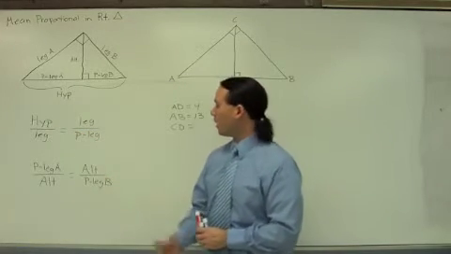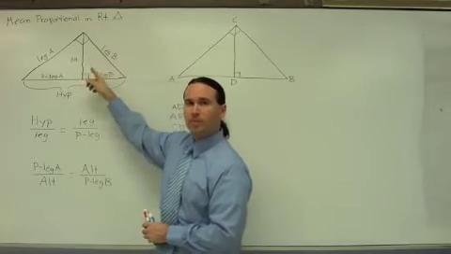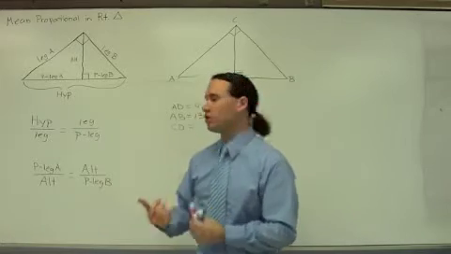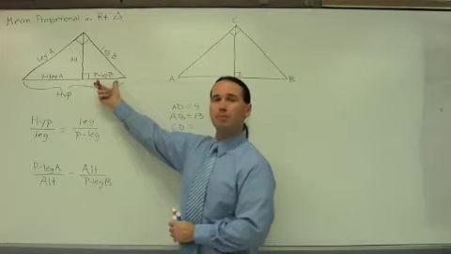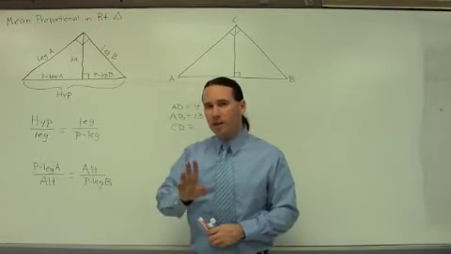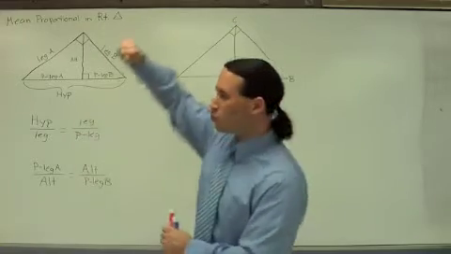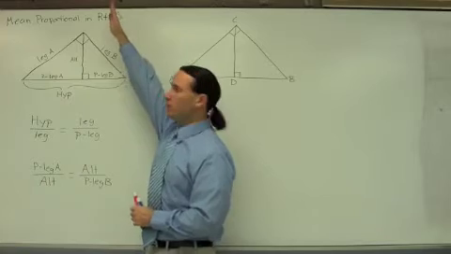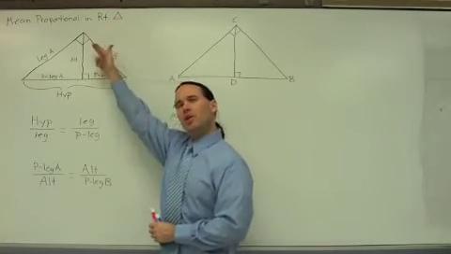The other formula that we have is that the altitude of the main triangle is the mean proportional between the two segments, or the two projections. That would be this piece here, P leg A, and this piece here, P leg B. By the way, if you're confused about why we call them projections, think about shining a flashlight straight down from above onto this figure. If you shine a flashlight straight down this way, where's the shadow for leg B going to go?